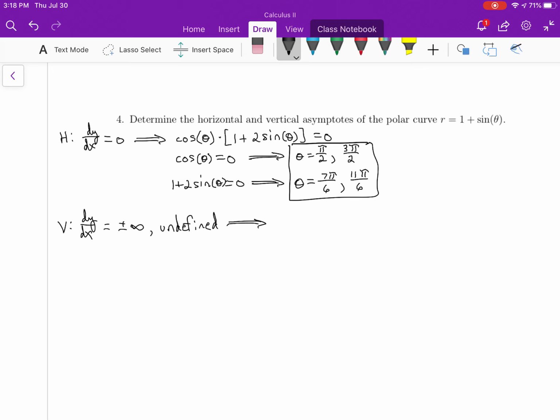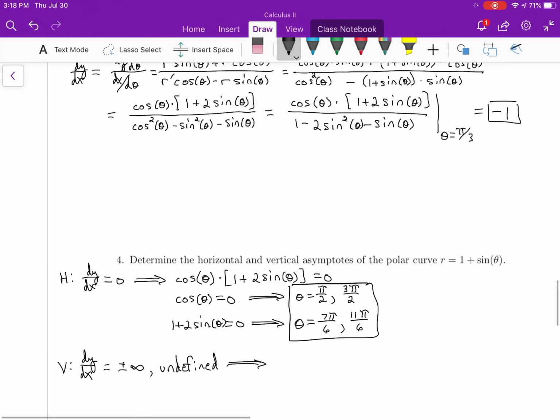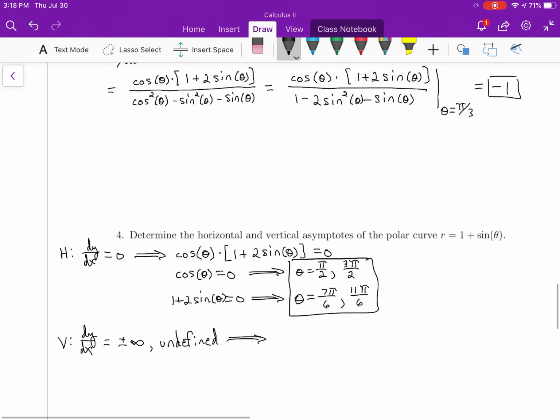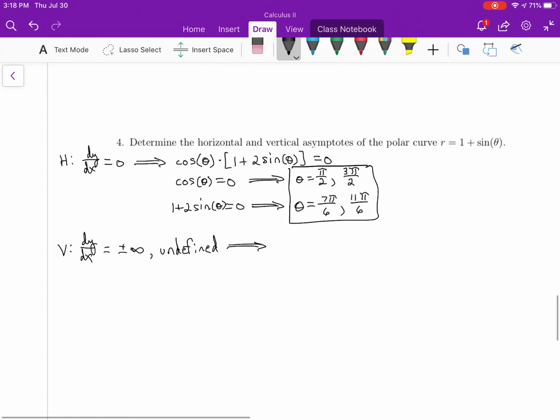And the denominator we have as 1 minus 2 sine squared theta minus sine of theta. So that's the one that we want to figure out when is that going to end up being 0.